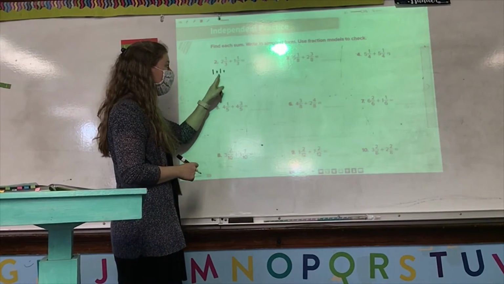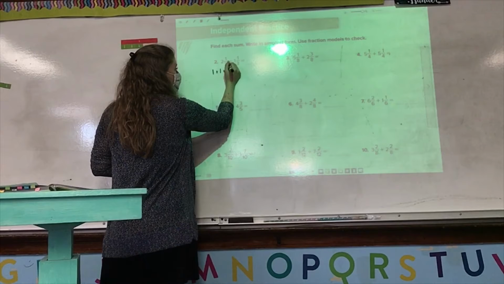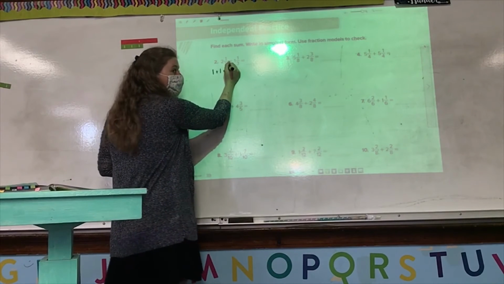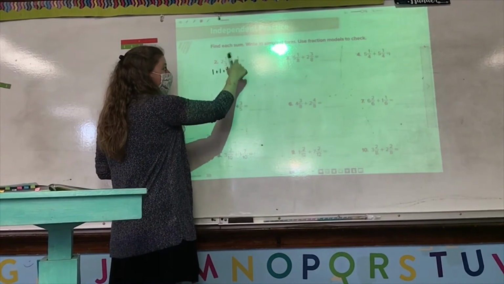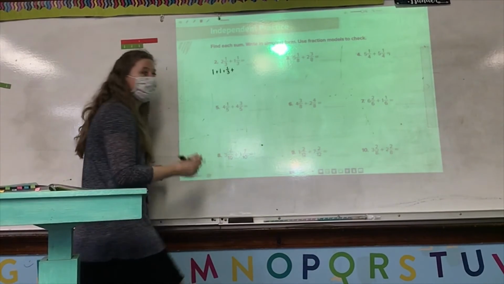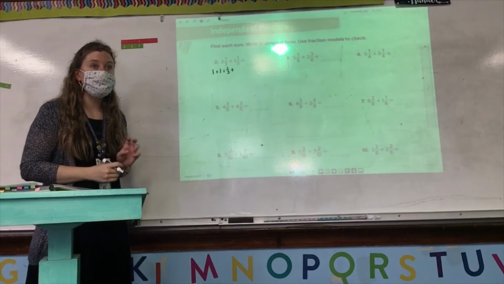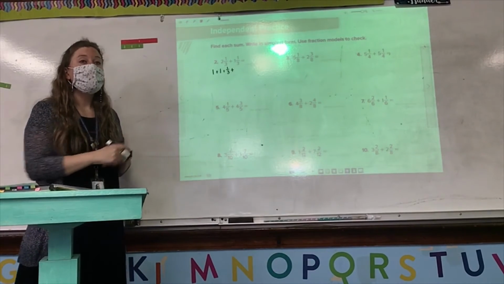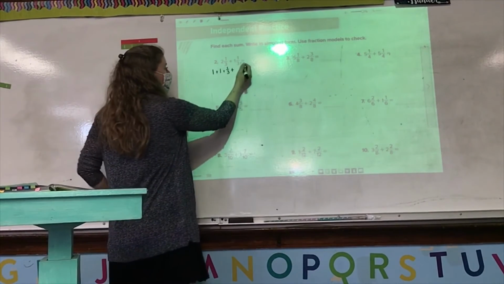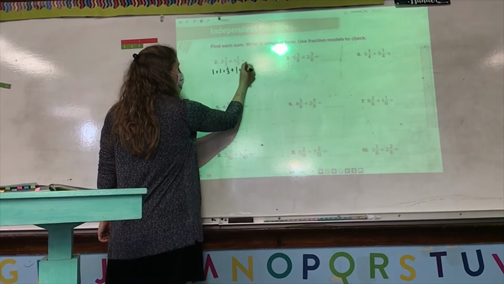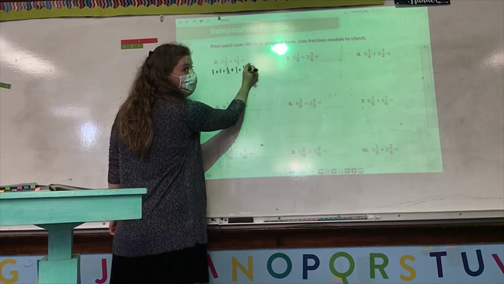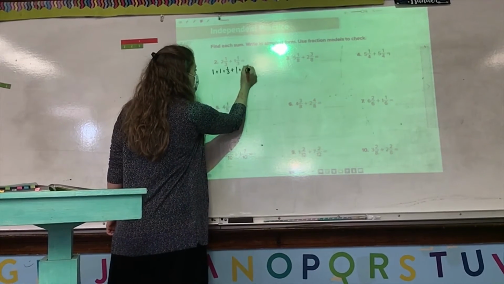So 1 plus 1 plus 1/3. Now we're going to add our second addend, broken down into a sum of its whole numbers and its fractions. So 1 and 1/3 looks like 1 plus 1/3.